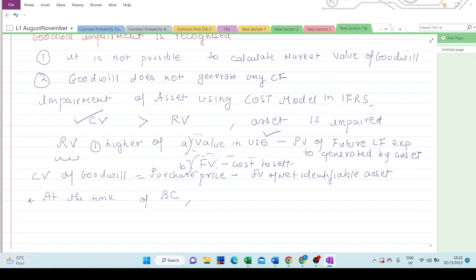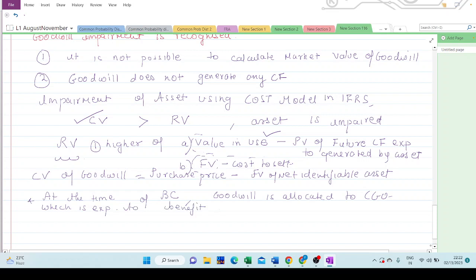At the time of business combination, goodwill is allocated to CGU, which is expected to benefit from the synergy of business combination.